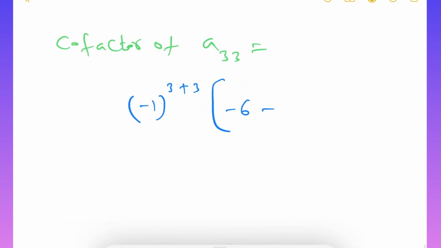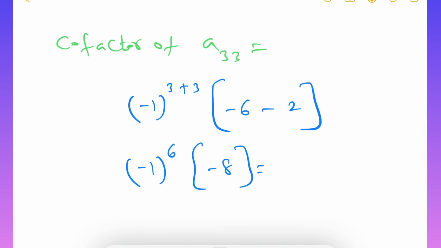It is minus 8. Now minus 1 whole power 3 plus 3 is 6, into minus 6 minus 2, which is minus 8. So minus 1 whole power 6 plus 1 into minus 8, it is minus 8.